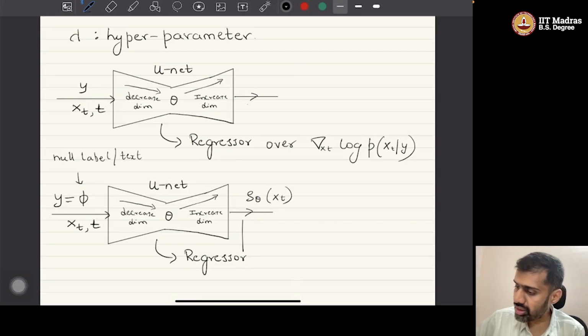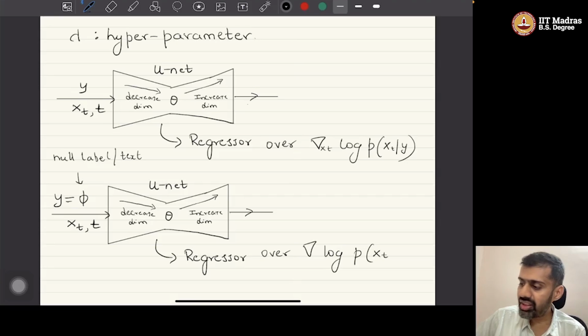This is a regressor over the unconditional score, because the conditioning that you have is null, right? You can actually look at this as a regressor over the unconditional score. So now what you do is simply make another copy of the above.